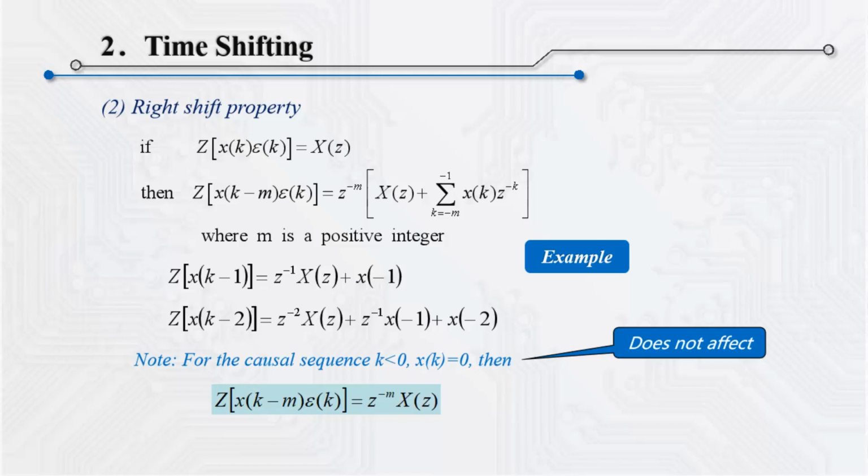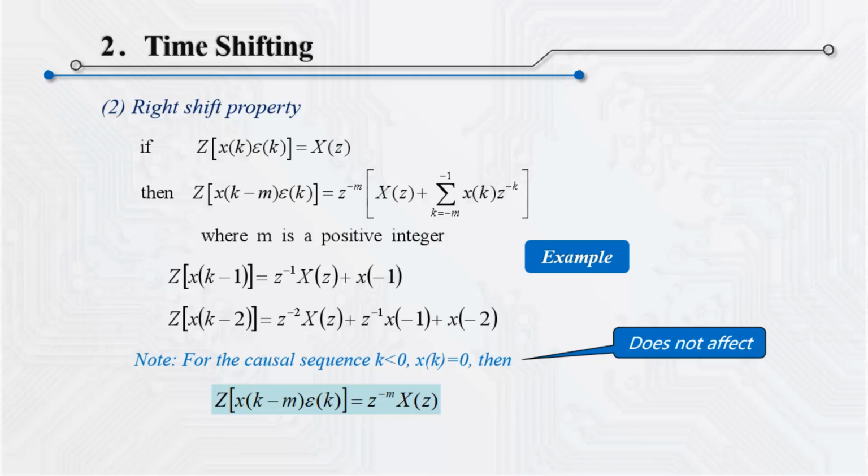The above general formula needs to be mastered. Note here that when the causal sequence itself is less than 0, x of k is equal to 0. Then we are asked to find the unilateral z transform for the shifted causal sequence.